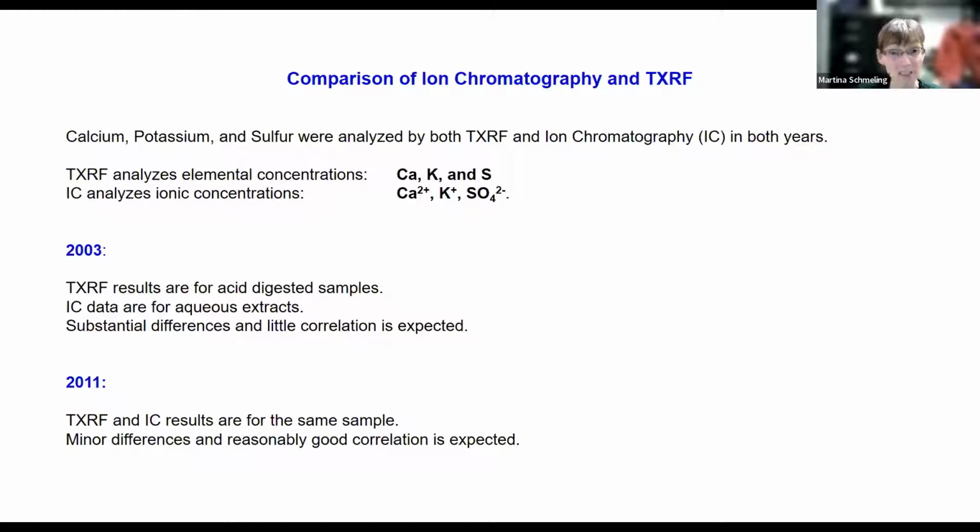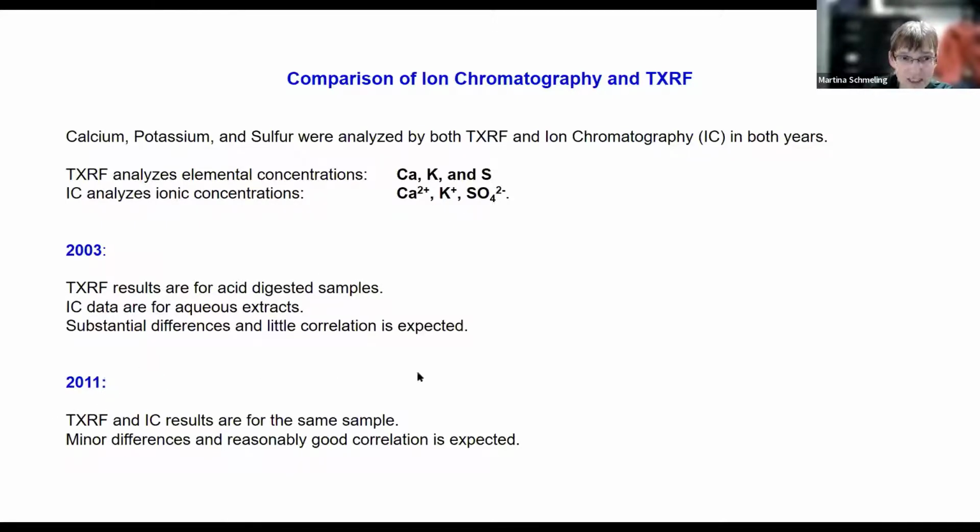This will mean that there most likely will be substantial differences because some of the species are not soluble in water. Calcium could be one of those, and sulfate can be another one. We didn't include iron because iron is obviously not easily soluble in water. And moreover, we didn't measure it with ion chromatography.